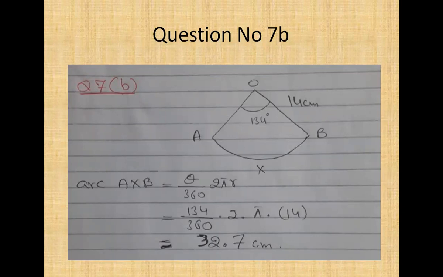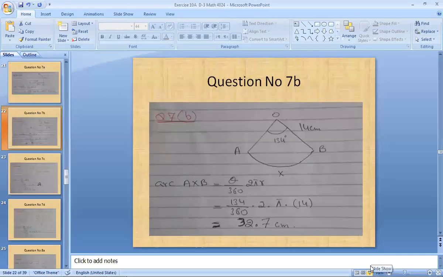Theta is 134, so 134 divided by 360 multiplied by 2 multiplied by pi multiplied by 14, where 14 is the radius, equals 32.7 centimeter. So the arc length is 32.7 centimeter.